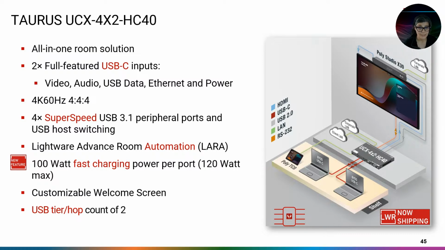They're all going to have a customizable welcome screen. So if you want to have something on the screen or a logo when somebody walks into a room, you're going to be able to do that with our welcome screen. And something that we've already mentioned, you're going to have those 2 tiers and hops for each device. And even when we're doing our receivers and transmitters, it's still only going to be 2 total.